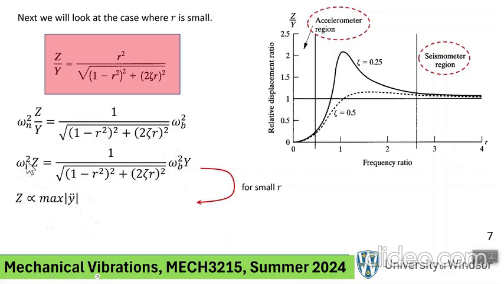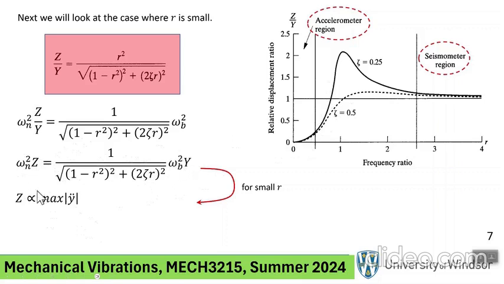Well, if I take omega n squared to the side, Z is equal to this ratio times that.